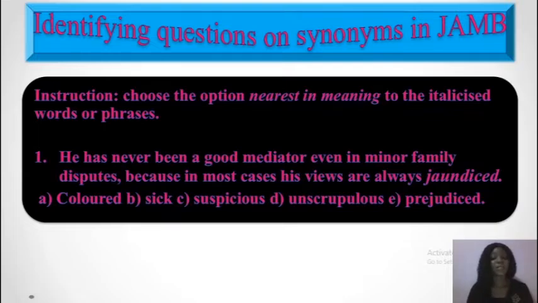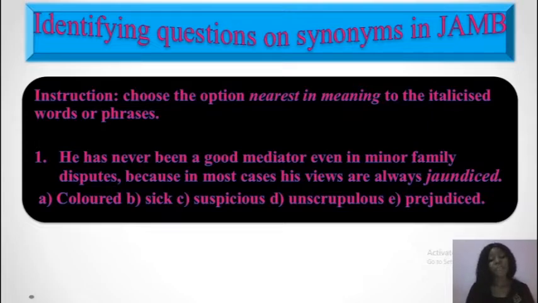Choose the option nearest in meaning to the italicized words or phrases, which means sentences will be given to you, and in that sentence or in those sentences some words or some phrases would be italicized or underlined as the case may be.